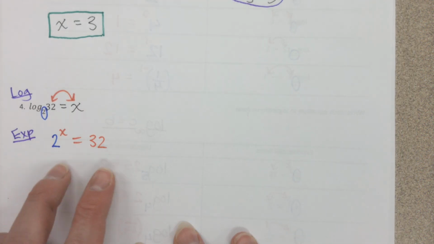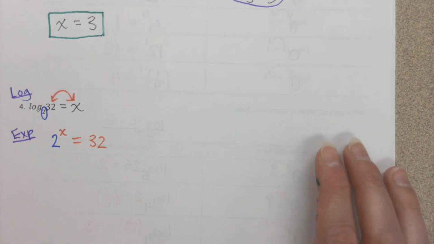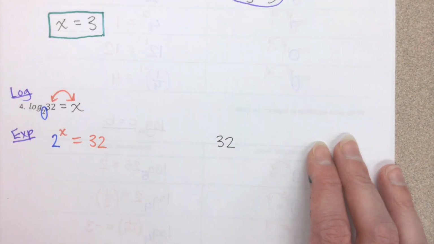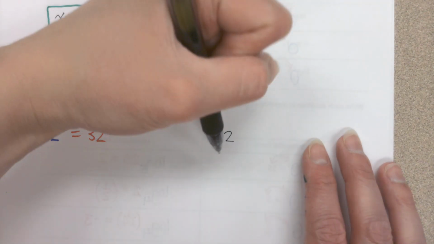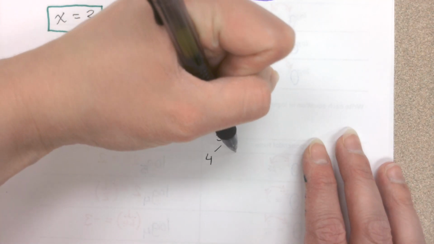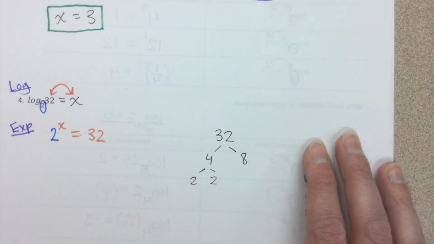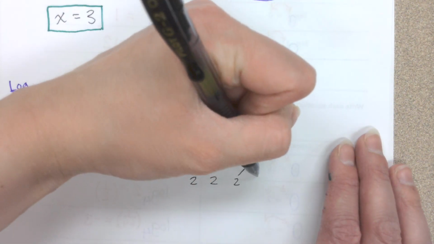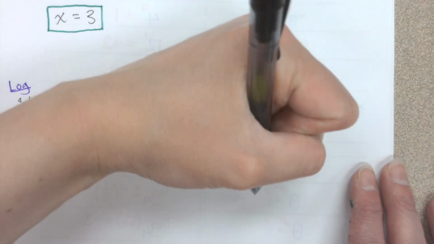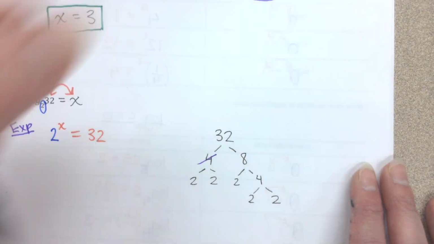Same idea. I have different bases, so let's break down the 32. 32, let's go 8 and 4. 4 breaks down into 2 and 2. 8 breaks down into 2 and 4. And then 4 also breaks down into 2 and 2.